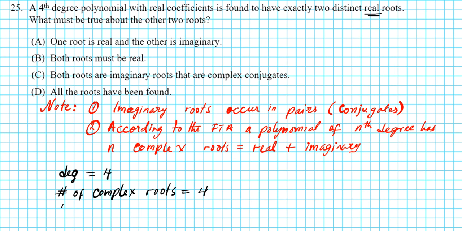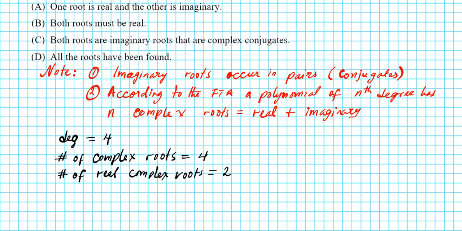So if the number of real complex roots is 2, then what must the other 2 be if the number of real and imaginary should add up to give you complex?